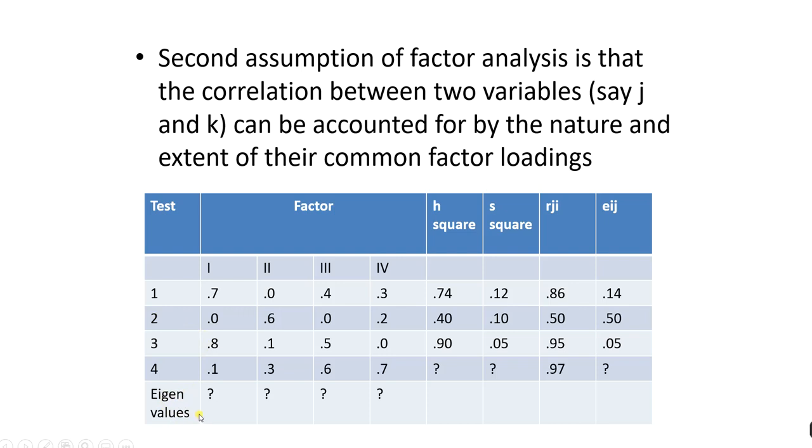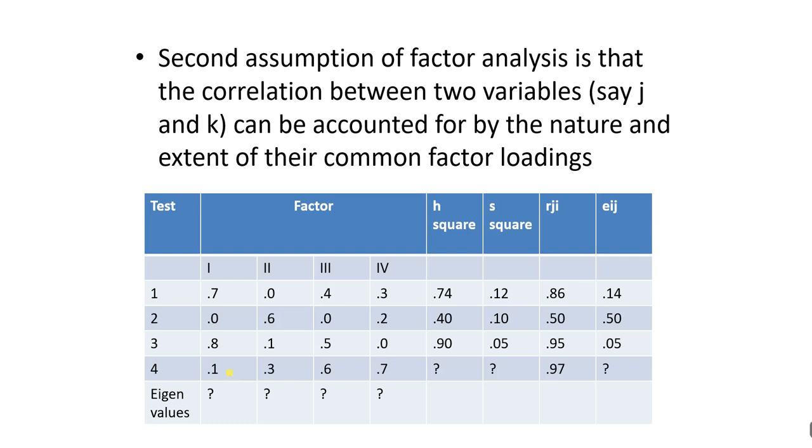We do the computation for converting this to percentage variance, and I will tell you how the percentage is calculated. So what is an eigenvalue? It is the sum of 0.7 square plus 0.0 square plus 0.8 square plus 0.1 square. Again you are summing the squared factor loadings, but what is the difference?